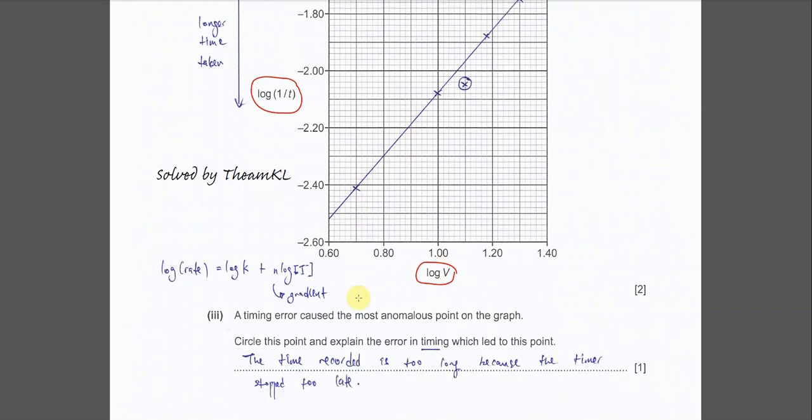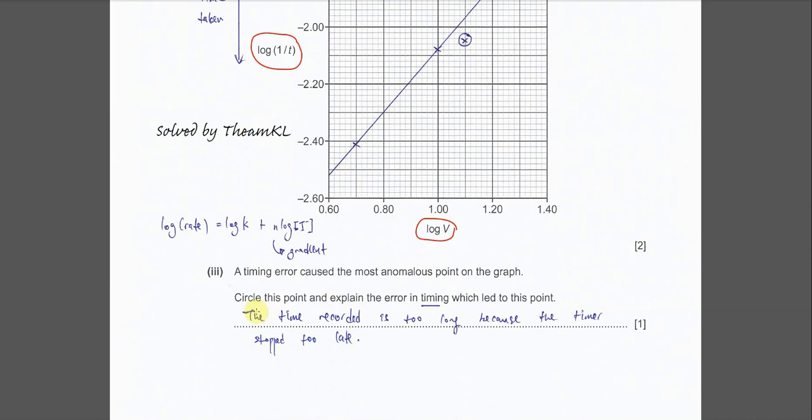Now part 3. A timing error caused the most anomalous point on the graph. Circle this point and explain the error in timing which led to this point.